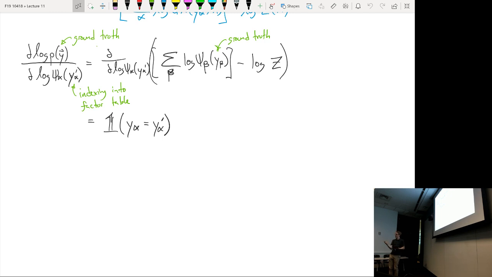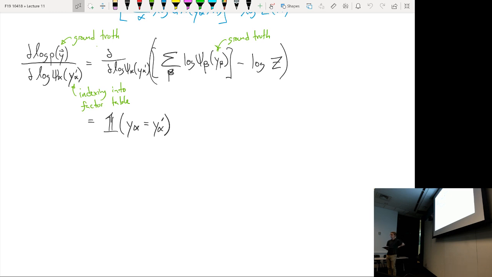Okay, so at this point, then we're talking about a matrix derivative or a tensor derivative, I guess. And so I didn't want to talk about matrix calculus, I just want to talk about partial derivatives with respect to real valued numbers. And so to index into the tensor psi alpha, I need to say which entry in that table we're talking about. And that's what y prime alpha is telling us. So y alpha is the table and y prime alpha is the value of the table.